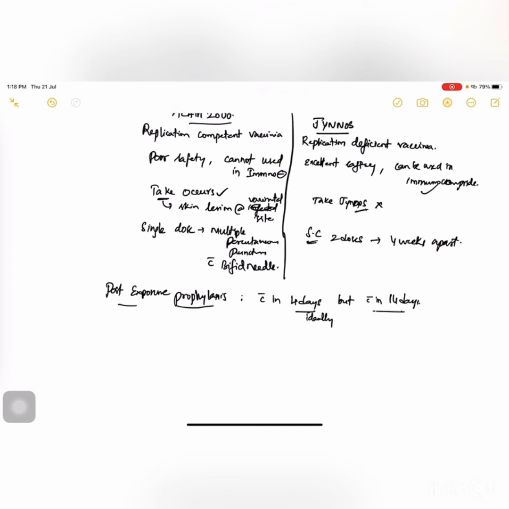If the person has been vaccinated within 4 days after the exposure, the person is less likely to acquire infection. If the patient takes vaccine within 14 days of exposure, then even if the patient acquires the disease, it would be less in severity.